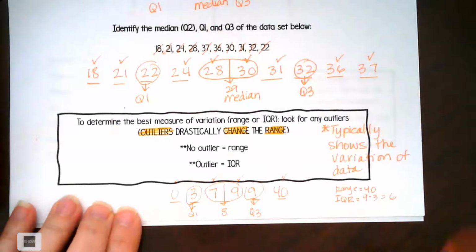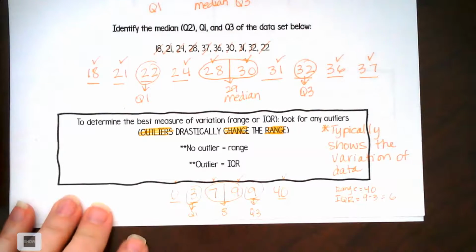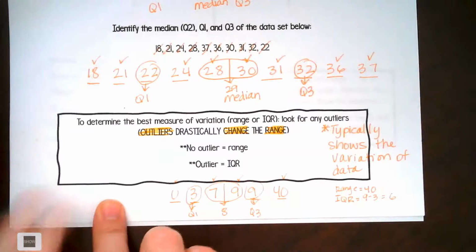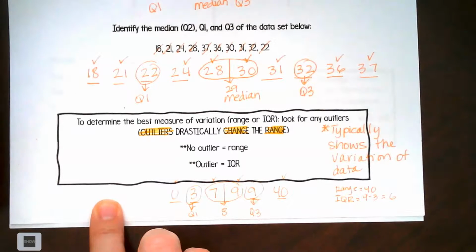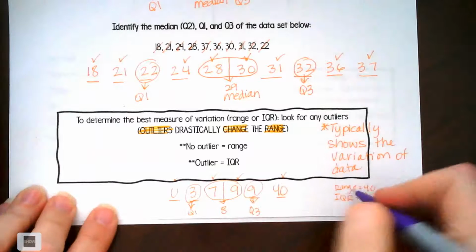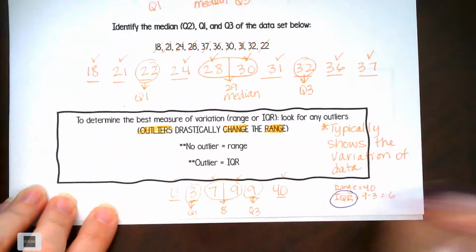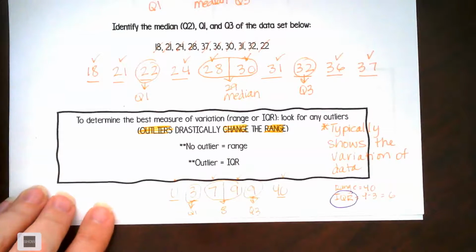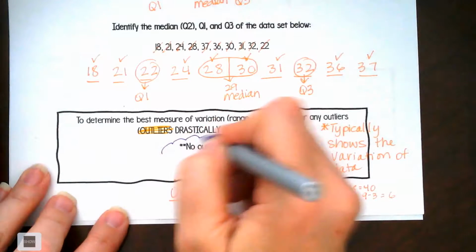So that's why, for an example on this one, when you have an outlier, you would not want to choose the range. You would want to choose the interquartile range as the best predictor of how spread out your data is. So, quick little note here.